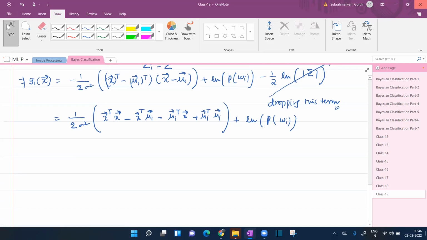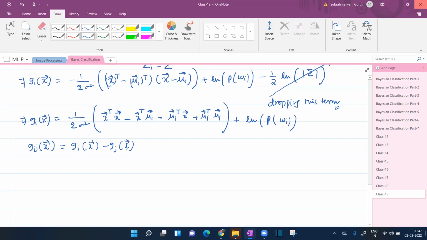Now, which term among all these terms can I further drop, further ignore while I write GI of X bar, but still get the same results? What is that term here? Finally, keep in mind your G of X bar equal to GI of X bar minus GJ of X bar.